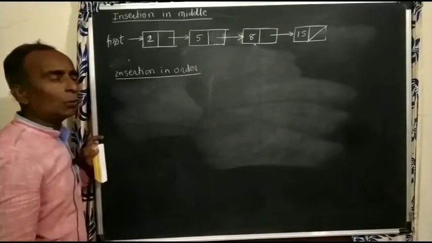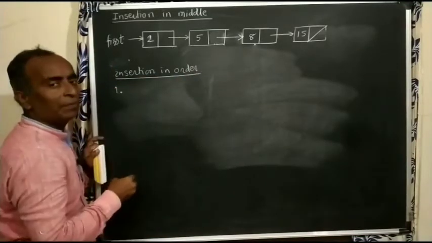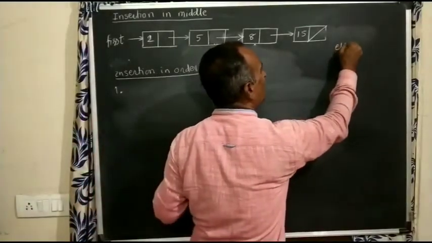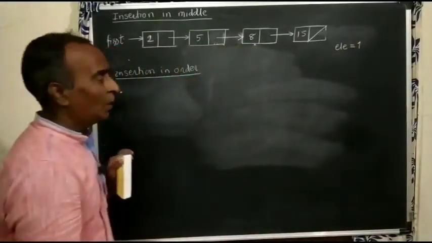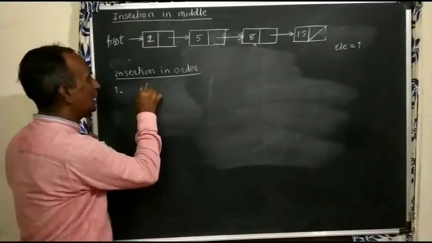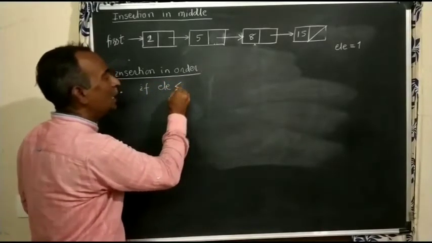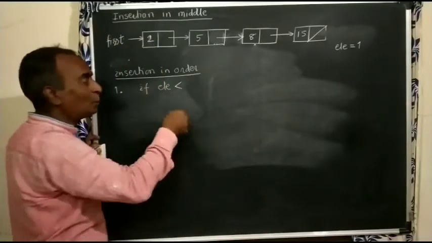In insertion in order, the first special case will be, suppose the element to be inserted is 1 in this case. This special case says if the element to be inserted is less than the info field of the first node itself.